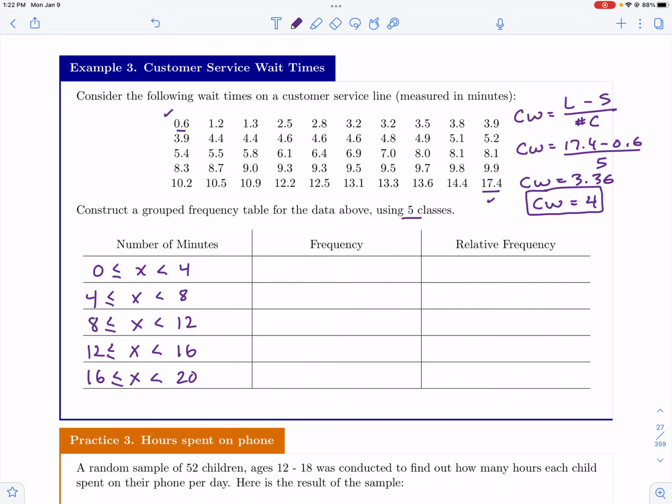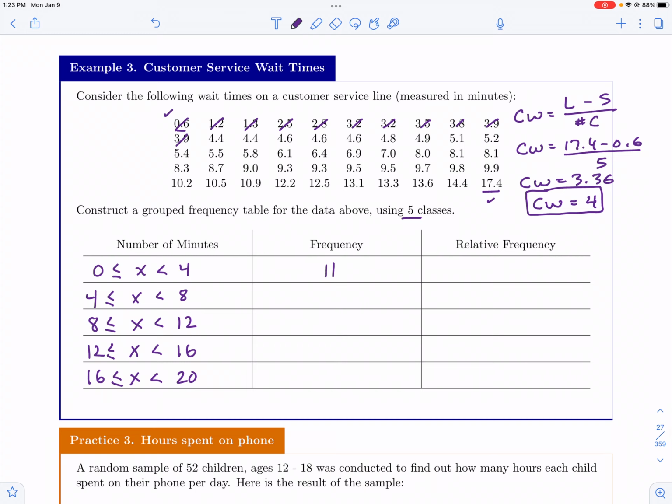So from here, it's just a matter of counting, making sure we get everything into the right category and things like that. So I'm going to go through and count. So anything that's less than 4 is going to go in our first row. So if I go through, I've got 1, 2, 3, 4, 5, 6, 7, 8, 9, 10, 11. So I've got 11 numbers that are less than 4.